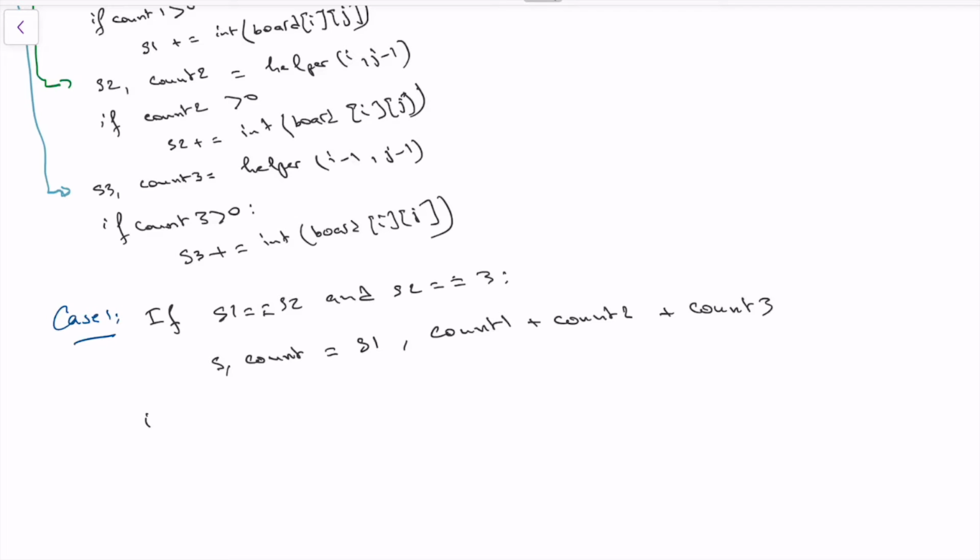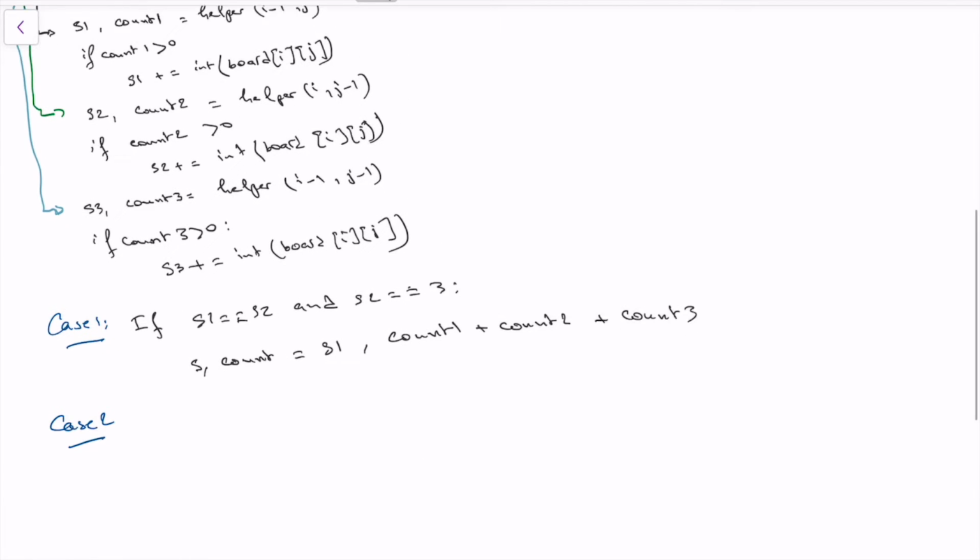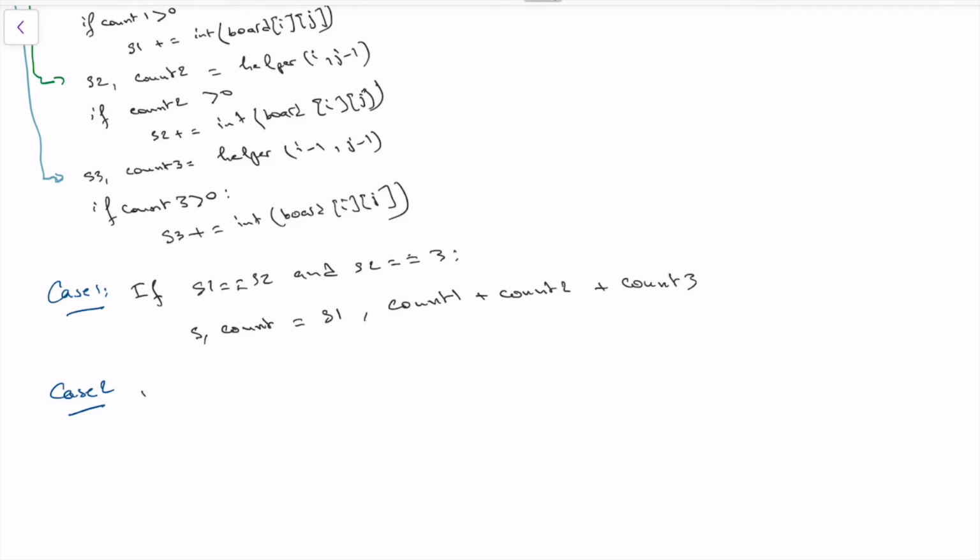The second case is if only S1 is equal to S2. At that point, the sum would be S1, and the count would be count 1 plus count 2.